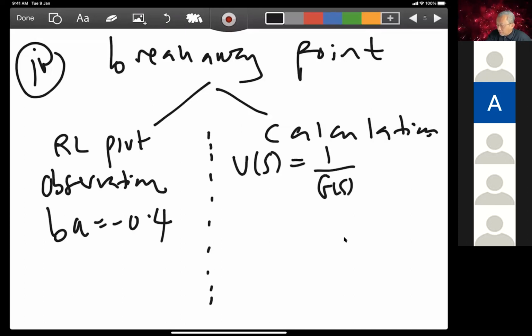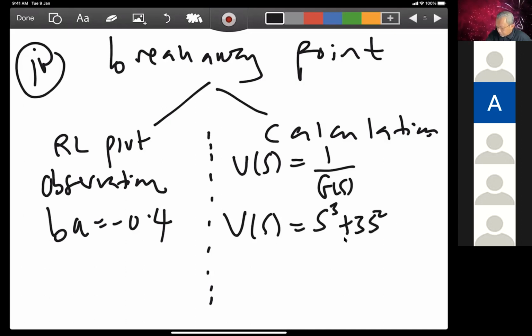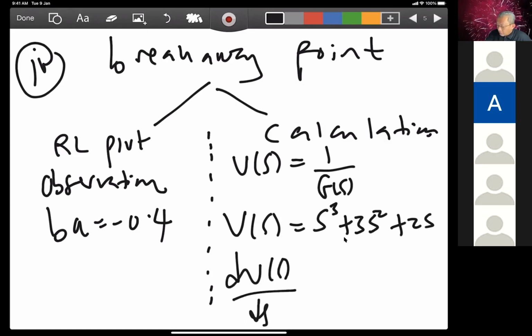So you create VS. Okay, so VS is S cubic plus 2S. Then dVS over dS, find, equal to 0.